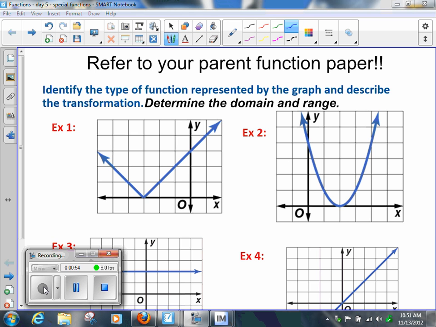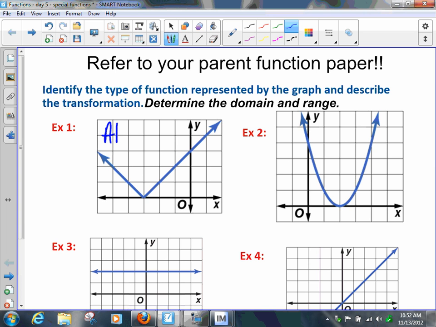Example 1, you have to know that if a function looks like a v, that it's an absolute value function. Okay? If it is a v, or a downturned v, it's an absolute value function.